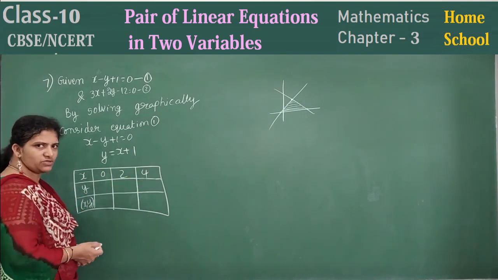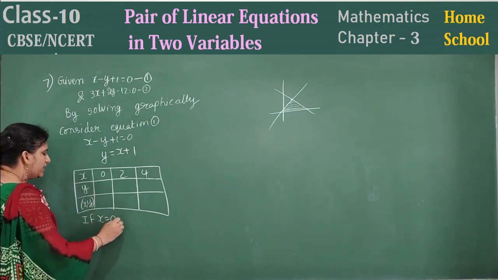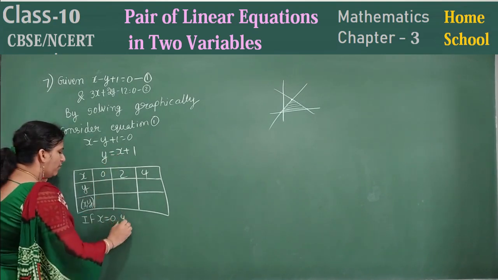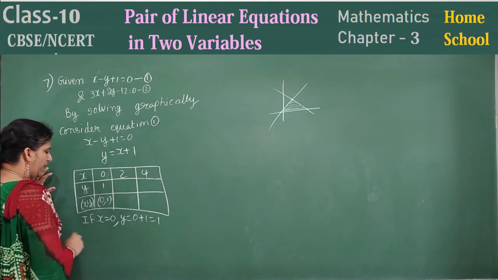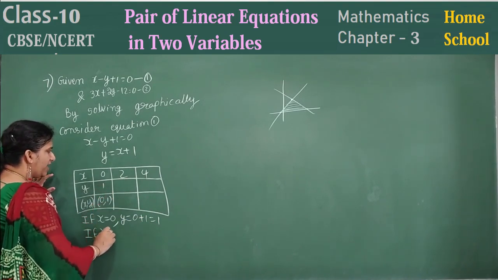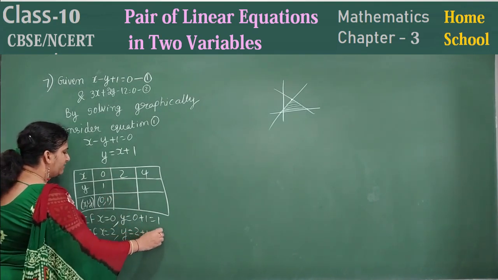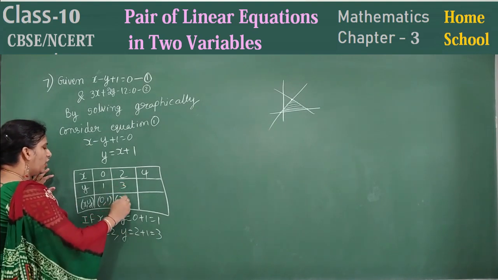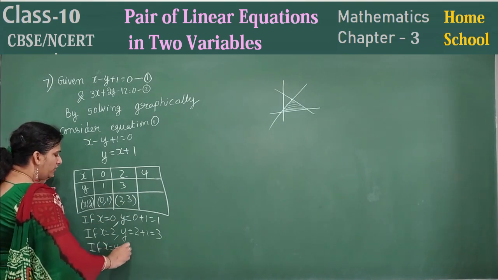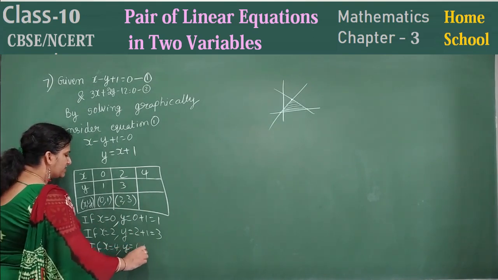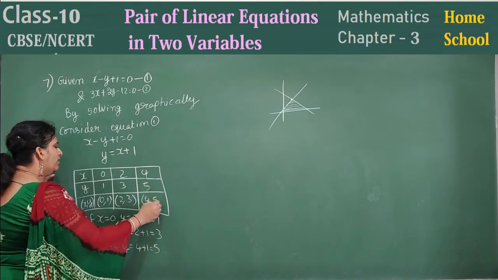You can guess the answer first or you can calculate. So now, if x equal to 0, substituting in this, y is equal to 0 plus 1, that will be 1. Coordinates are (0, 1). Next, if x is equal to 2, y is equal to 2 plus 1, that will be 3. Then coordinates (2, 3). If x is equal to 4, y is equal to 4 plus 1 is equal to 5. So the coordinates are (4, 5).